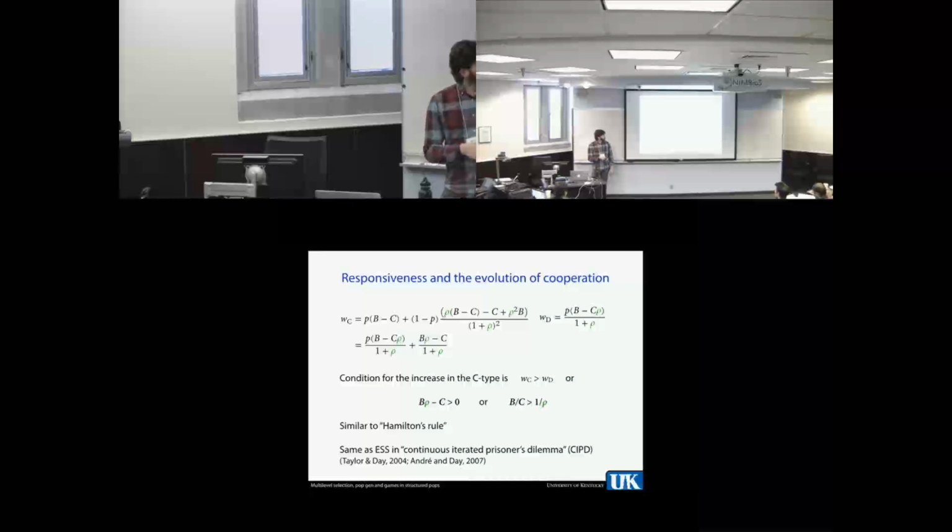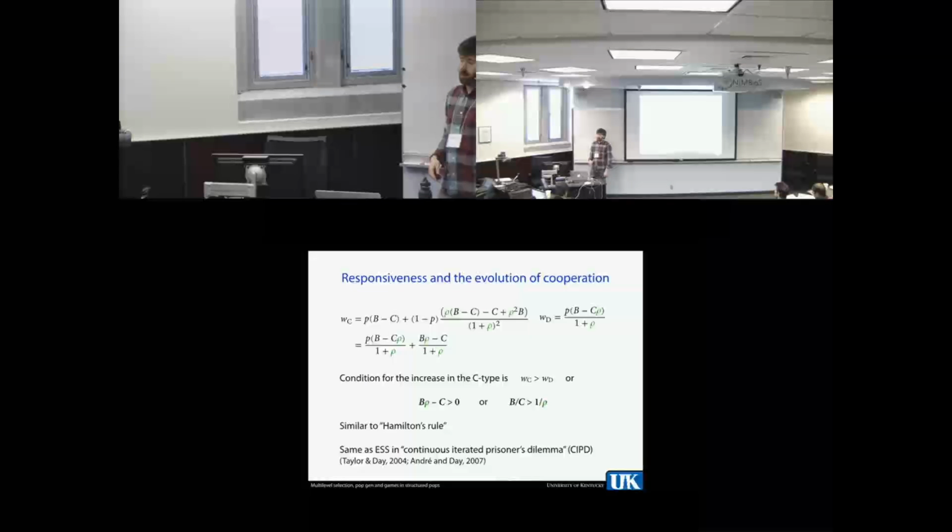If you let rho itself evolve, what happens is this thing becomes the ESS condition. This thing is set equal to 0, and you have a continuum of neutrally stable outcomes, where as long as you set rho, you can find a benefit and cost that's a neutrally stable ESS.